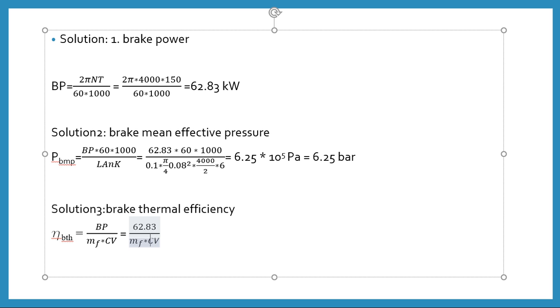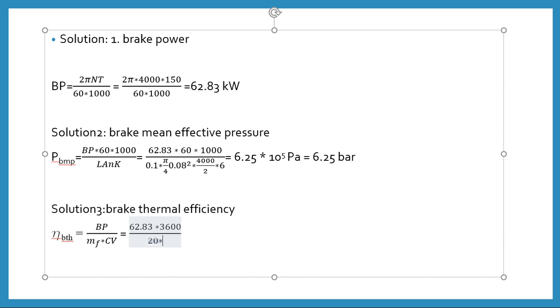The brake power is 62.83. The mass flow rate is already given here, that is 20 kg per hour, which means the fuel consumption is 20 kg per hour, but here we converted 20 kg per hour to kg per second. That's why with the brake power you multiply by 3600.